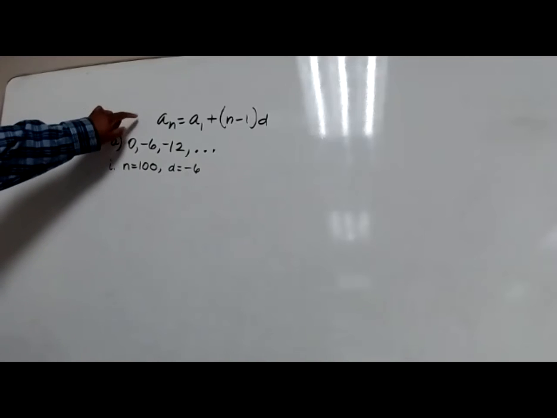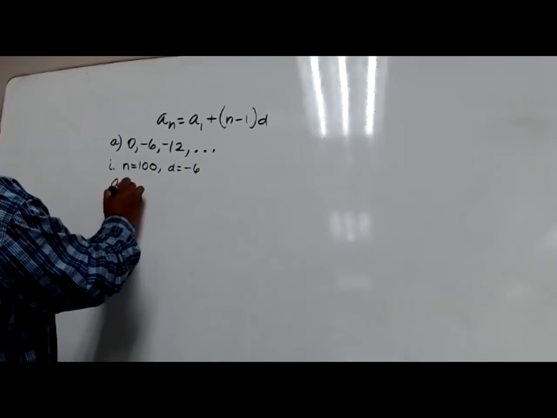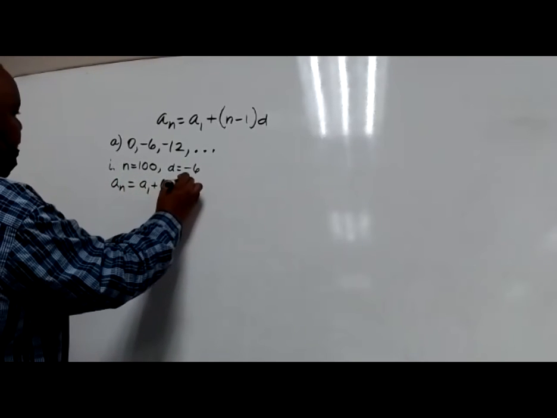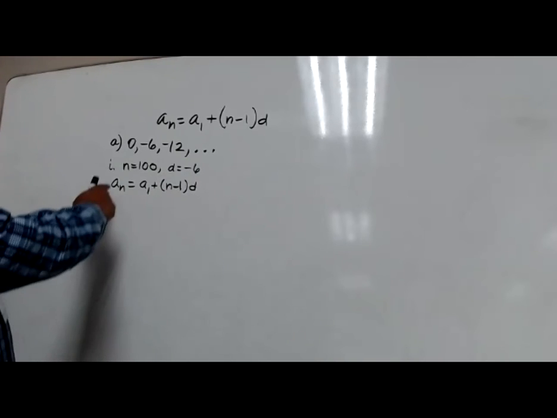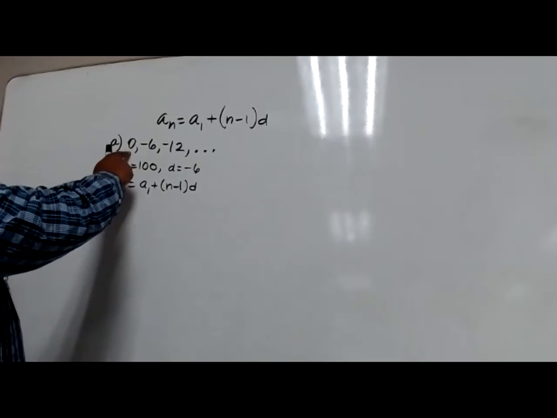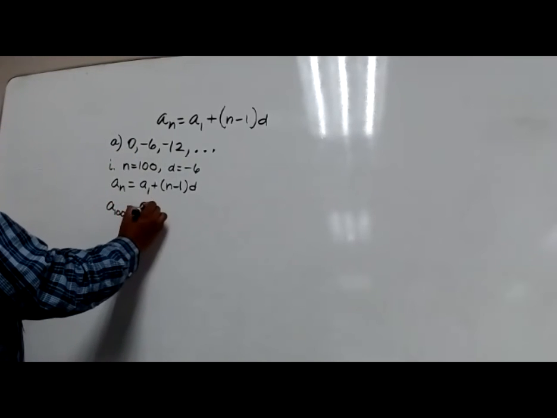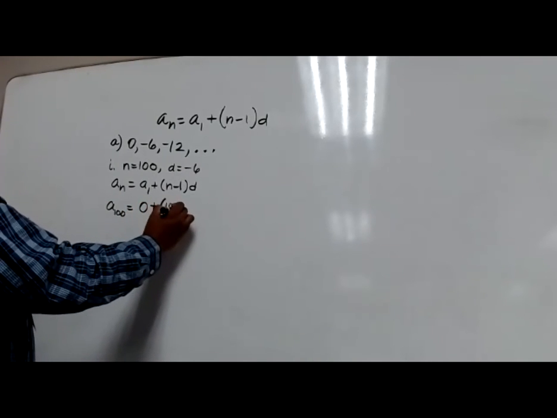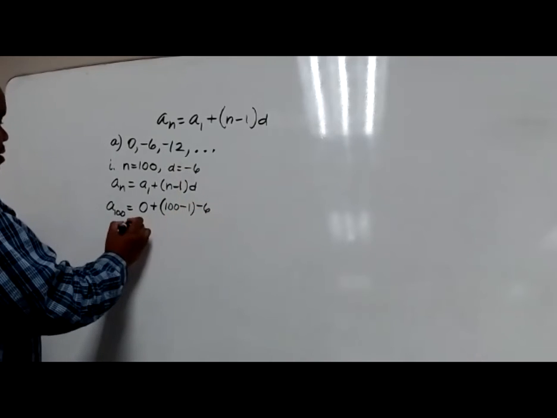And then I'm going to use this arithmetic sequence formula, which is a sub n equaling a sub 1 plus n minus 1 times d. And of course here, your a sub 1, what's the first term? 0. So a sub 100 would be equal to 0, which is the first term, plus n, which is 100, minus 1, times d, which is -6.